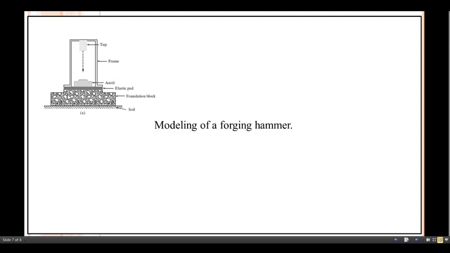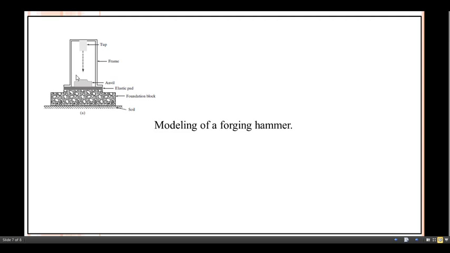The anvil is this one. This anvil is a massive steel block on which the material is forged into the desired shape by the repeated blows of this tub. The anvil is usually mounted on an elastic pad to reduce the transmission of vibration to the foundation block and the frame.